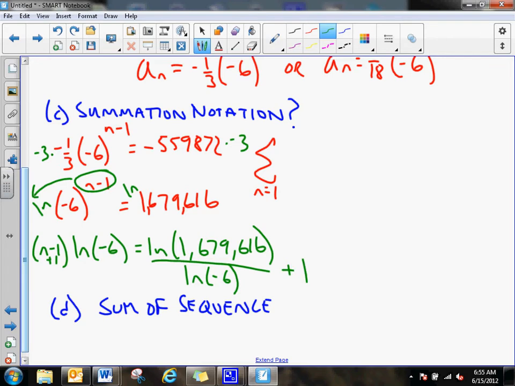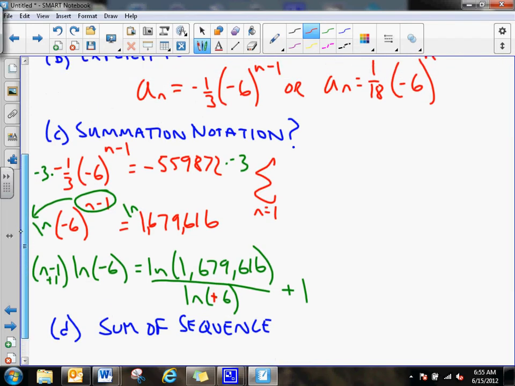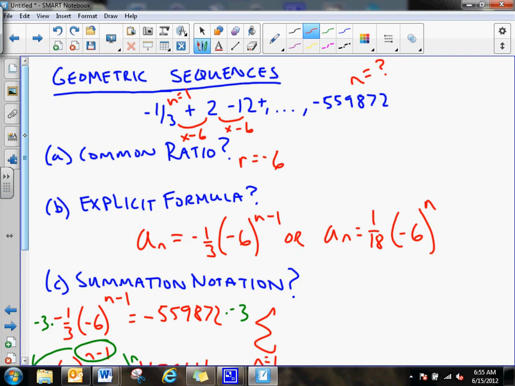Now here's the thing. We cannot take a log of a negative number. So to find our value of n, we're just going to pretend that that's a positive 6. And it's going to give us the same answer. It doesn't matter. For our purposes here, we're trying to find the value of n for this last term. If we just pretended that these were all plus signs, it would be the same value of n.